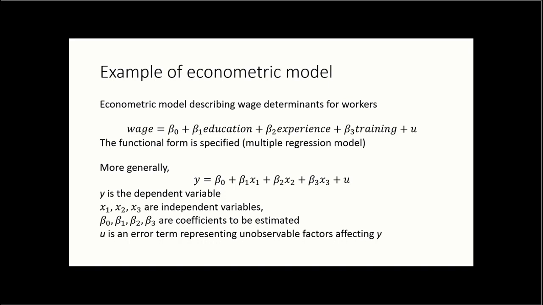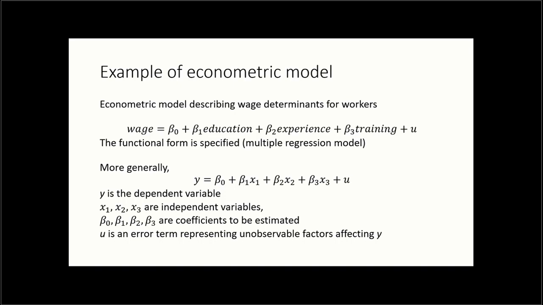More generally, we can define this as y equals beta 0 plus beta 1 times x1 plus beta 2 times x2 plus beta 3 times x3 plus u. Here, y again is the dependent variable that we're trying to explain. x1, x2, and x3 are independent variables. Beta 0, beta 1, beta 2, beta 3, these are the coefficients that we will be estimating with the econometric model.